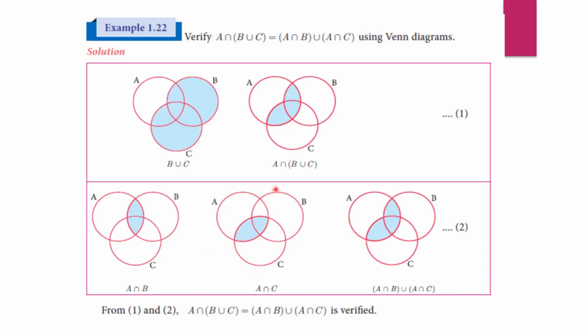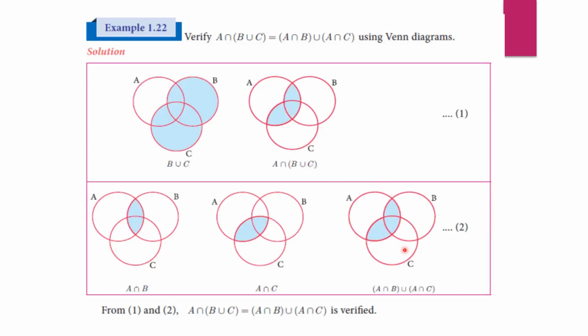At that time you should not see the B circle. Then A intersection B union A intersection C means how to shade the portions in these two combined. Here these two portions have to be shaded. So mark this as 2.